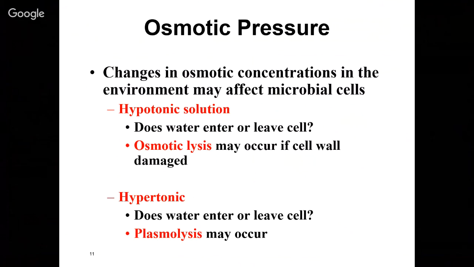So the Skittles themselves can't physically move in and out of the cell, but you do have water with your Skittles that can move. So what happens if I put the Skittle cell with 5 Skittles into water that has 10 Skittles in it? What way does the water want to move?